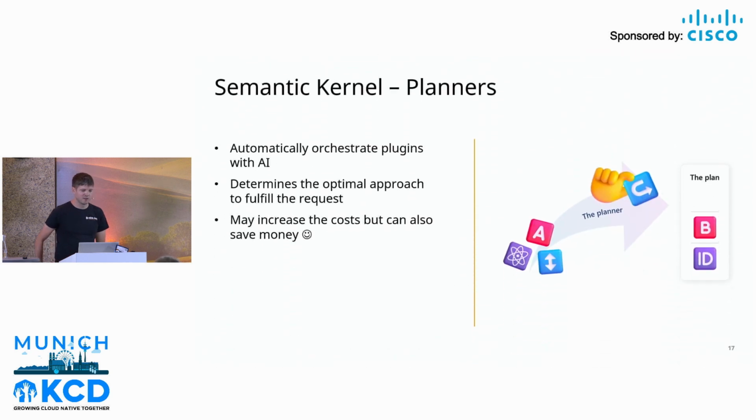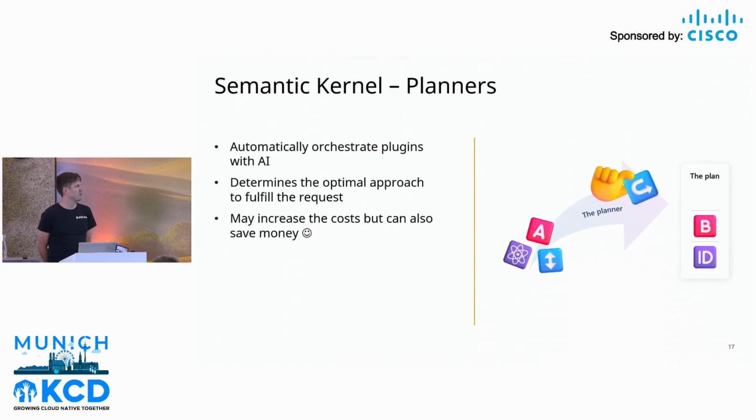And the last entity you need to know when working with Semantic Kernel is the planner. The planner is an orchestrator for our plugins, and it enables us to invoke the plugins, let's say, automatically. So here is where the magic happens, I always say, because we do not tell Semantic Kernel how to invoke which plugin in which order, but Semantic Kernel will figure that out itself and try to optimize it also.